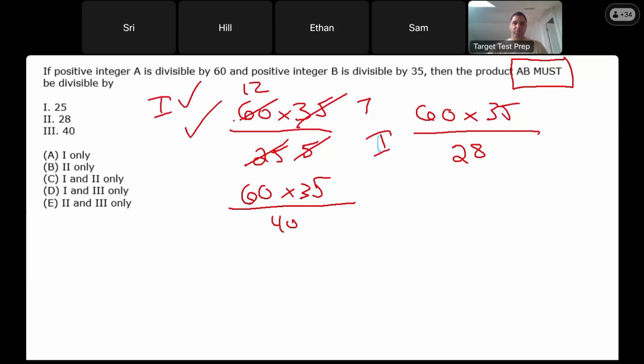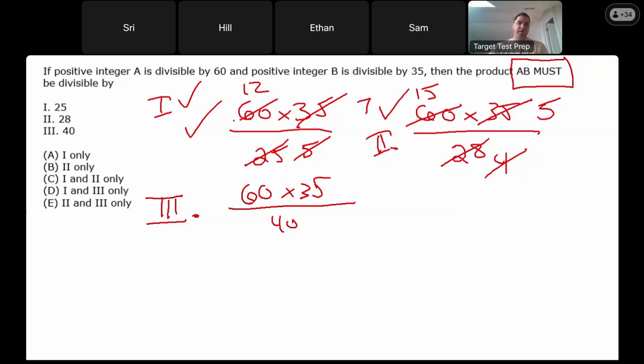And then you look at Roman numeral 2, and you say, okay, how about 28? Well, 7 goes into 28 4 times, 7 goes into this 5 times, 4 into 60 15 times. Okay, Roman numeral 2 checks out.